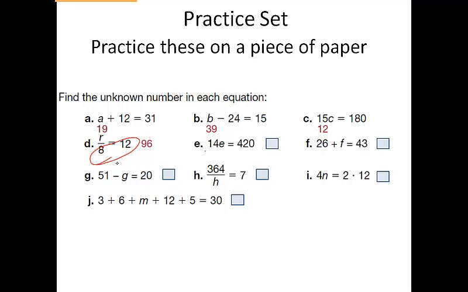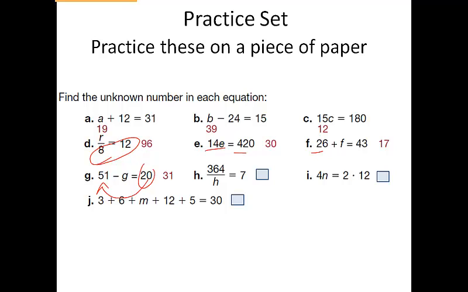In E, you should have divided by 14 and divided by 14 and come up to know that E equals 30. In problem F, you would subtract 26 from 43 and get 17. In G, you should have subtracted 20 from 51 to know that G would equal 31.